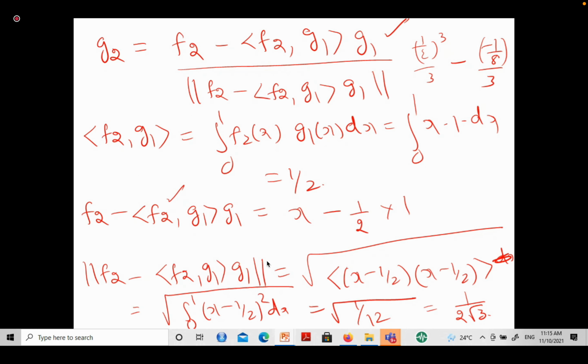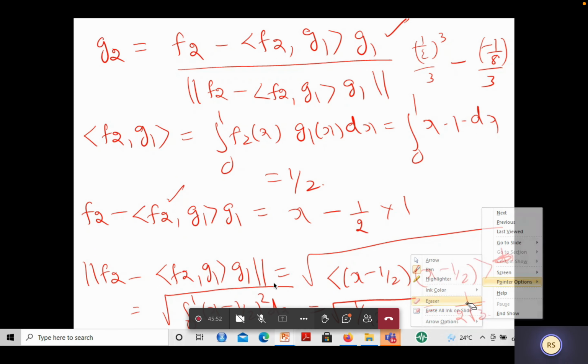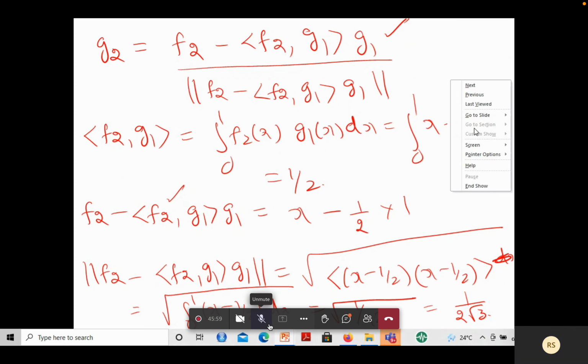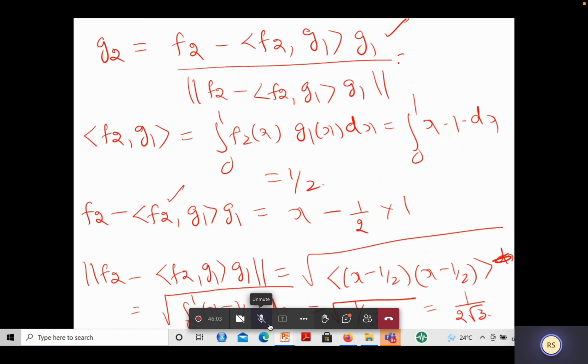So what is G2? It is x minus half divided by 1 by 2 root 3.